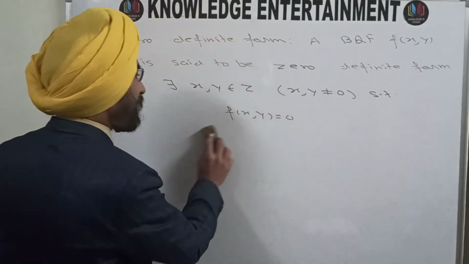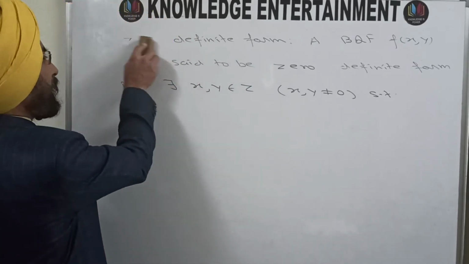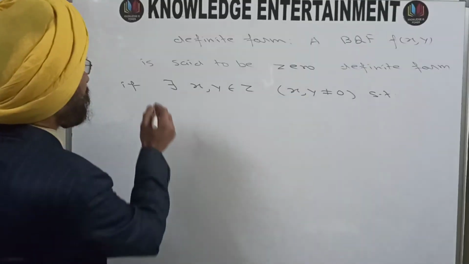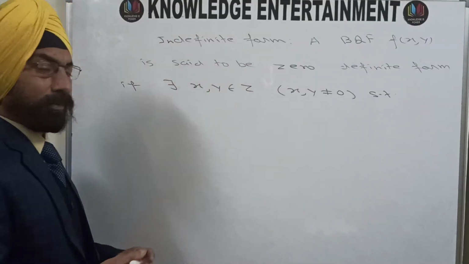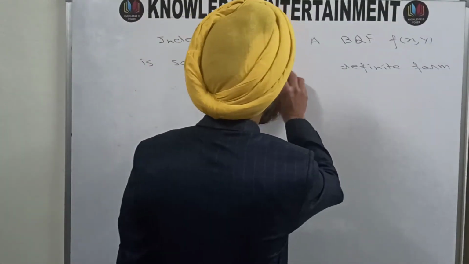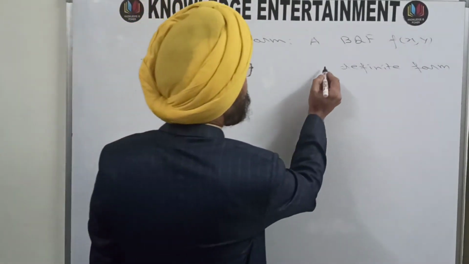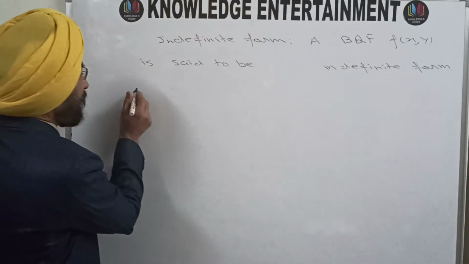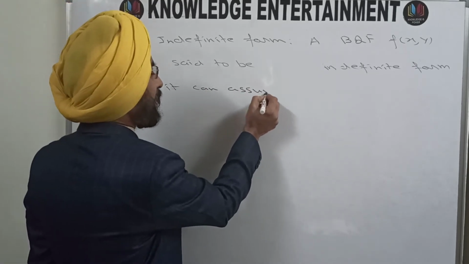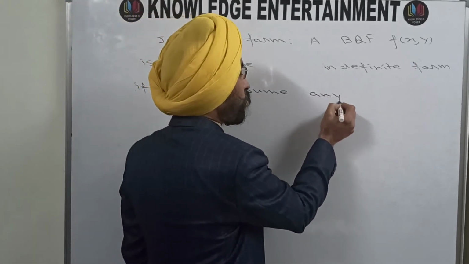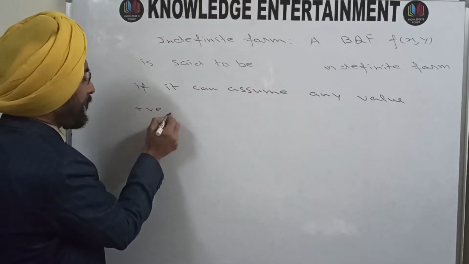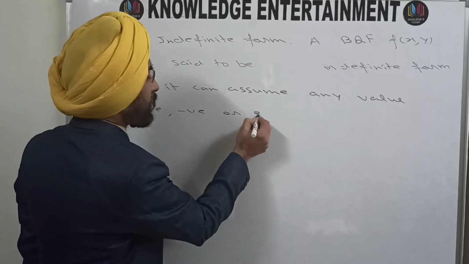And then there is another type, that is indefinite form. A binary quadratic form f(x,y) is said to be indefinite form if it can assume any value: positive, negative or even 0.